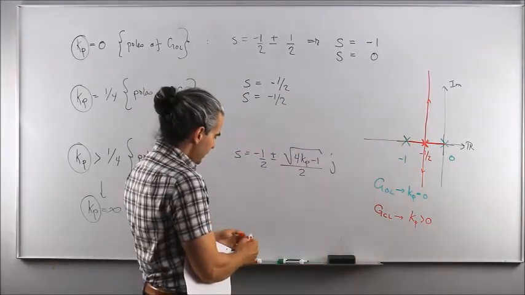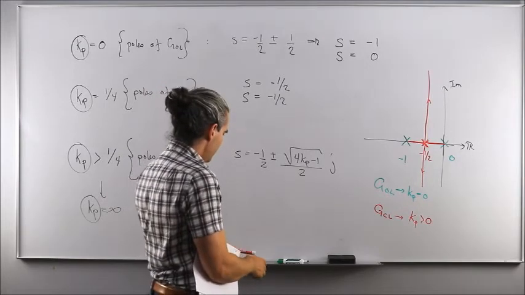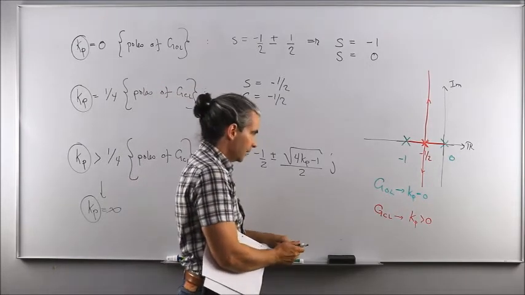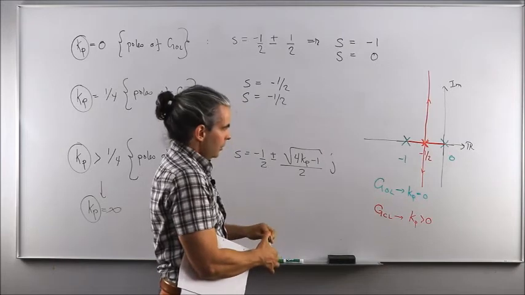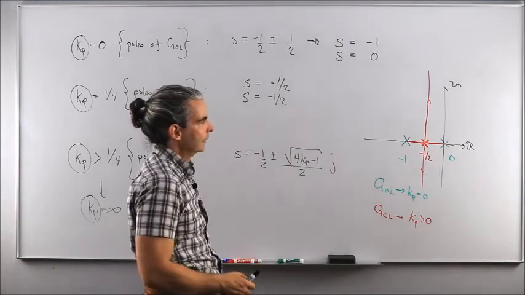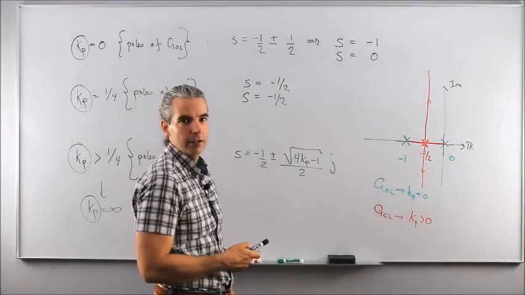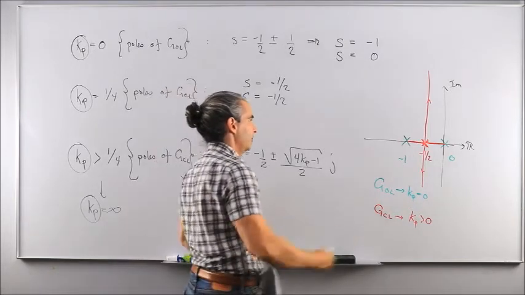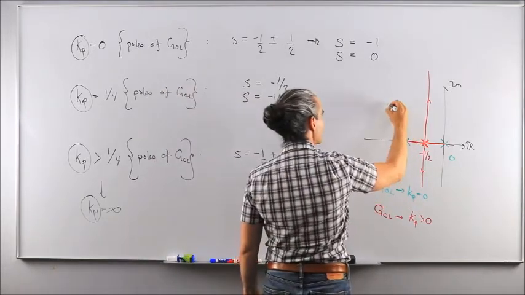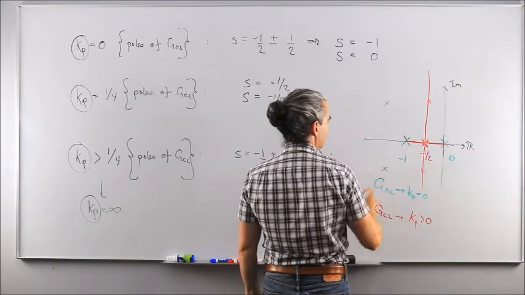So if that is the characteristic you get for the pole locations as function of Kp, you might say, boy, that doesn't suit my need, because I would really like to have my closed loop poles, say, in this area.